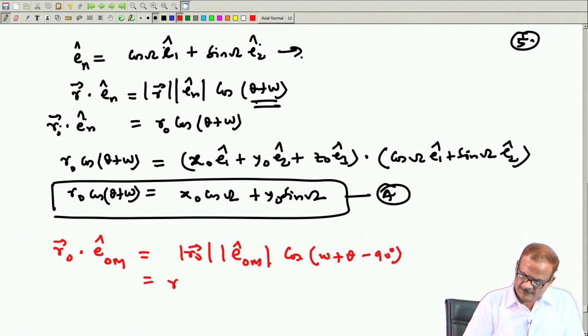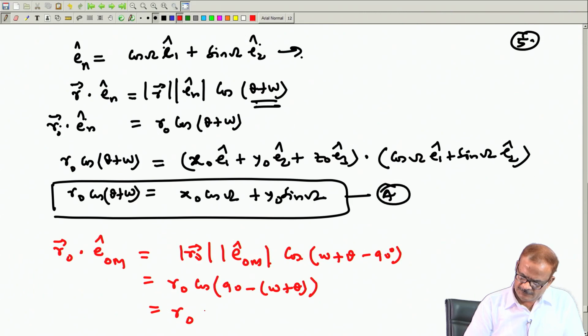So, this becomes r0 cos(90 minus (omega plus theta)).